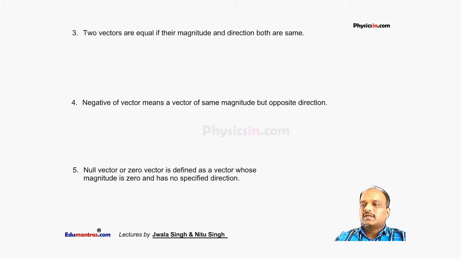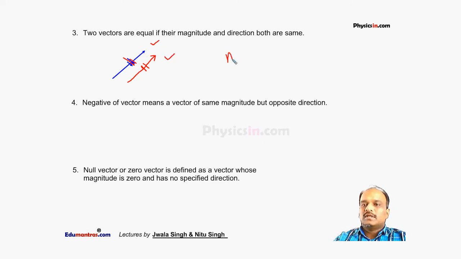Suppose this is vector A. If I draw a vector which is also having same length and same direction, if the length of these two vectors are same, if the direction of these two vectors are same, these two vectors are said to be equal vectors.